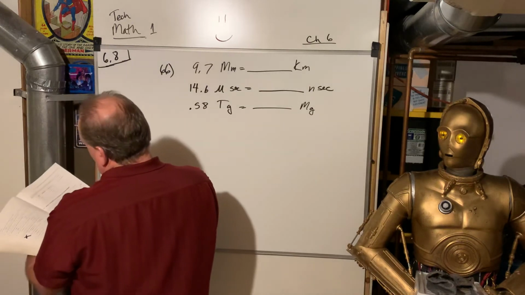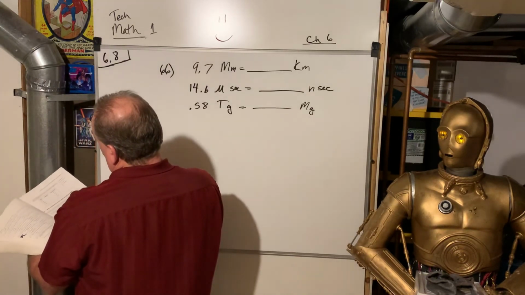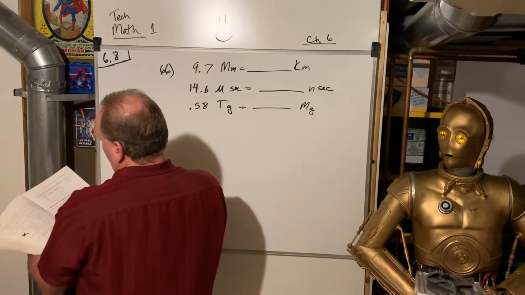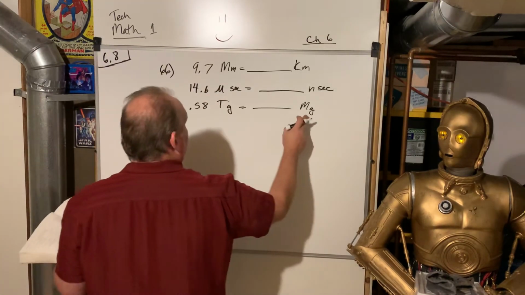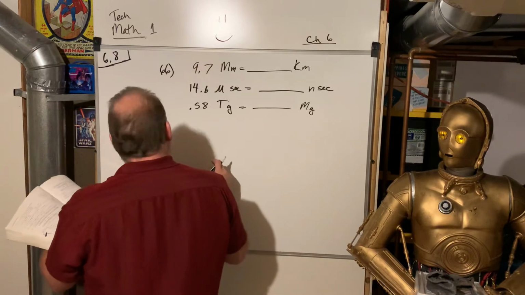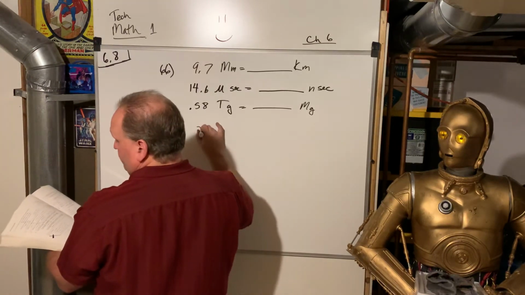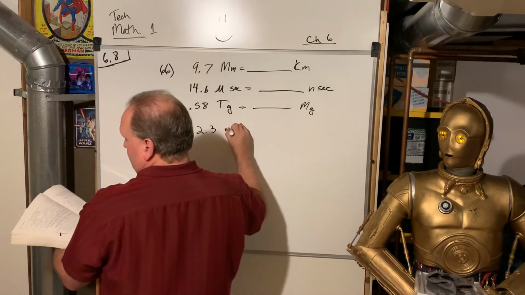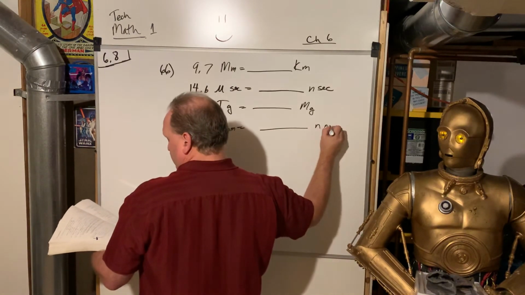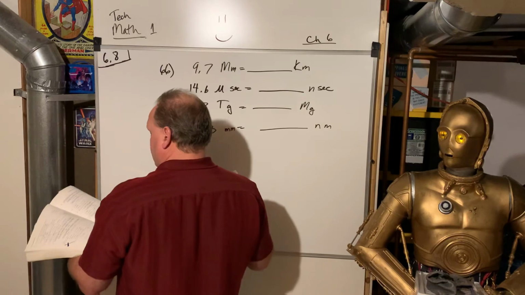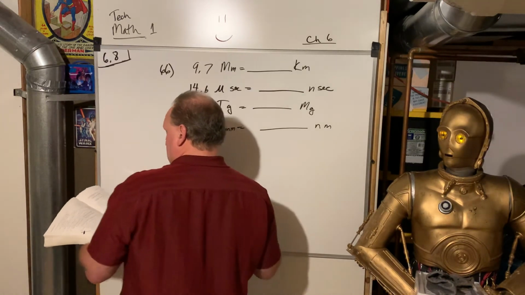What's the big M again? The big M is megagrams. I mean, teragrams and megagrams. And then 2.3 millimeters to nanometers. That's going to be a big number.